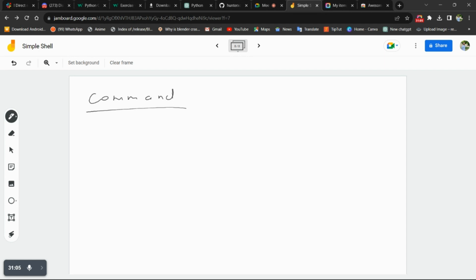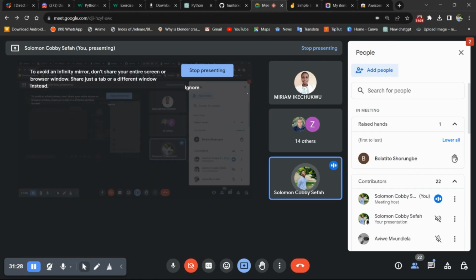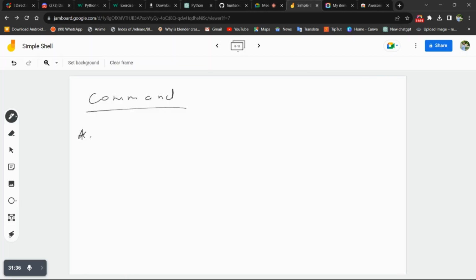Very soon we'll go on to the PC, don't worry. I will illustrate some things to you. We will go to the terminal. Anyone know what a command is? Hello, my software engineers, my programmers, anyone know what a command is? You don't have to mention names, because I'm very good at that, I'll mention names. Yes, Bola, what is the command?